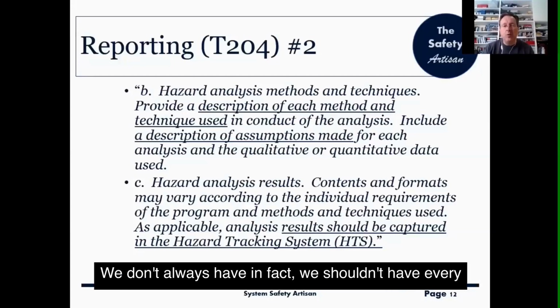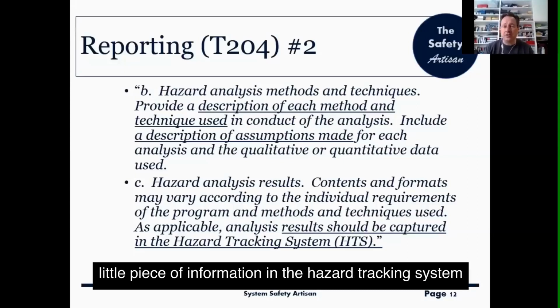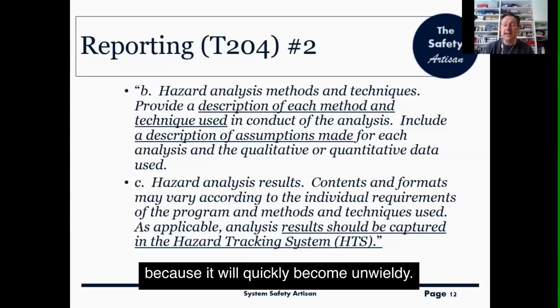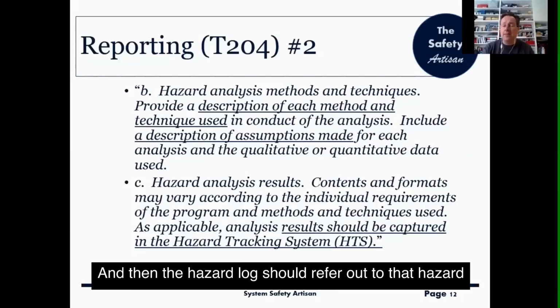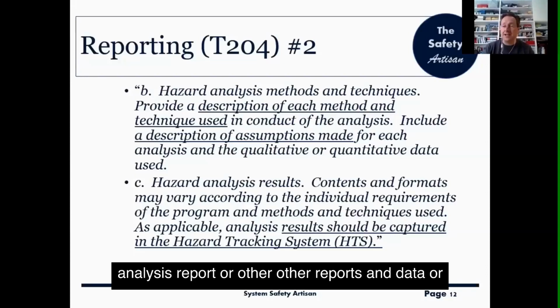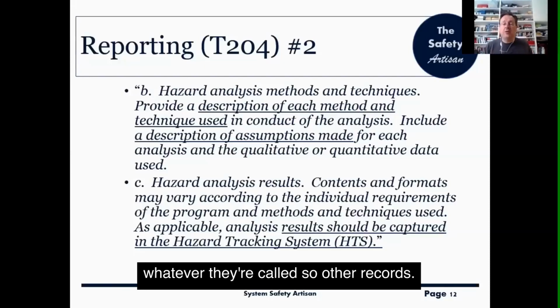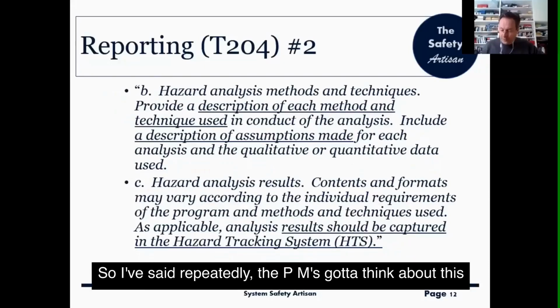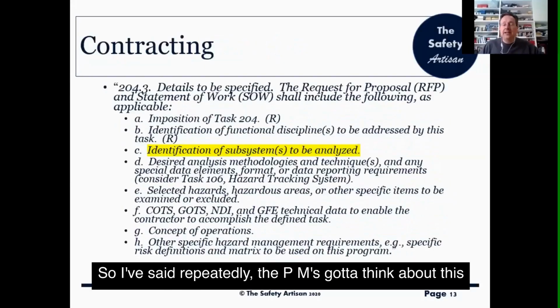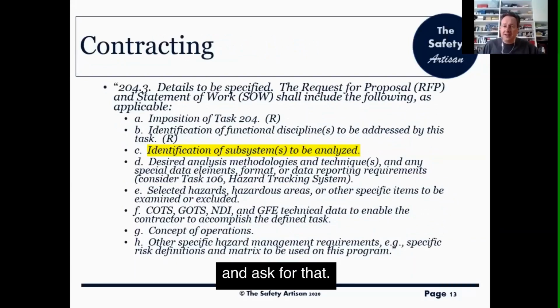We don't always have, in fact, we shouldn't have every little piece of information in the hazard tracking system, because it will quickly become unwieldy. And then the hazard log should refer out to that hazard analysis report or other reports and data, whatever they're called, so other records. So I've said repeatedly, the PM's got to think about this and ask for that.